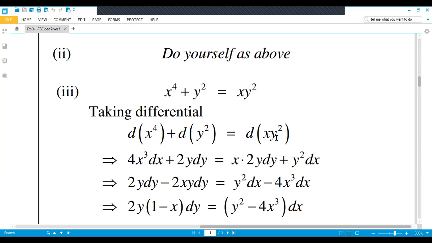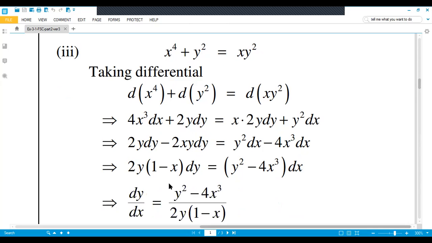And here this is given in the form of a product, so use the product rule. The first term as it is, derivative of the second term, so the power will come in the coefficient, and from the power you subtract 1, 2y dy, plus second term as it is, derivative of the first term dx. Now here in this, you have to shift the dy value to one side and the dx value to the other side.